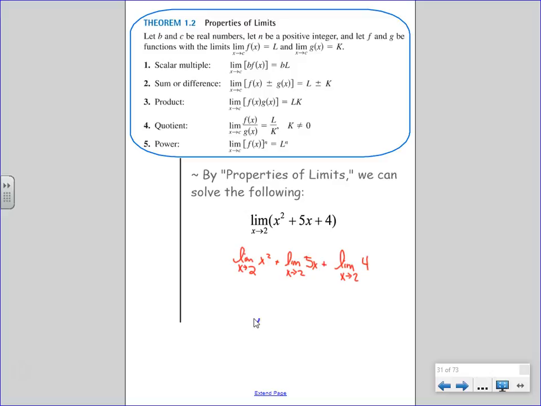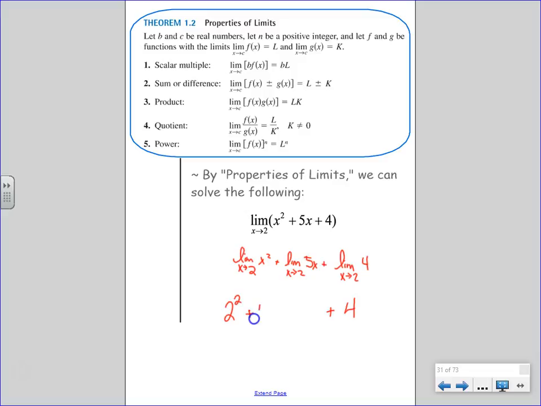Now, I can go even one step further and say, that's the property from the page before: the limit of any constant is the constant. Why did the limit disappear? Because I took it. The limit as x approaches any constant of x to any power is, plug it in, whatever x is approaching raised to that power. However, I don't have a property on the page before for this one, but I do have one up here.